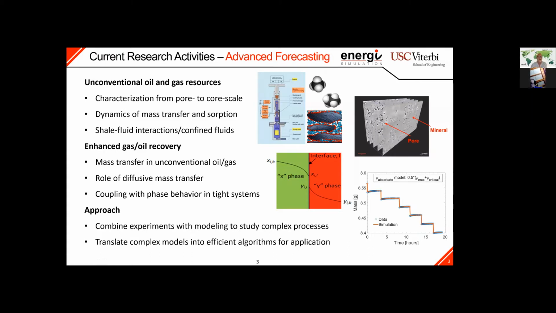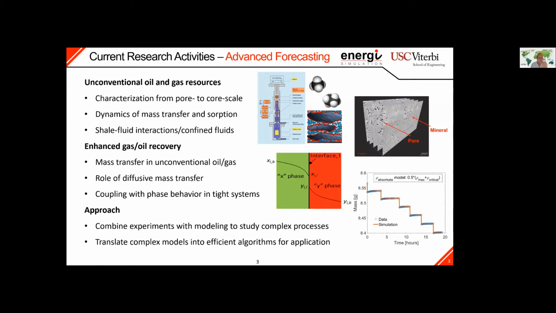Now, the overarching approach is that we combine experiments with modeling to delineate these complicated processes. And step two is to translate models that we find sufficiently accurate into efficient algorithms that we can use for simulation applications, for instance. Okay.